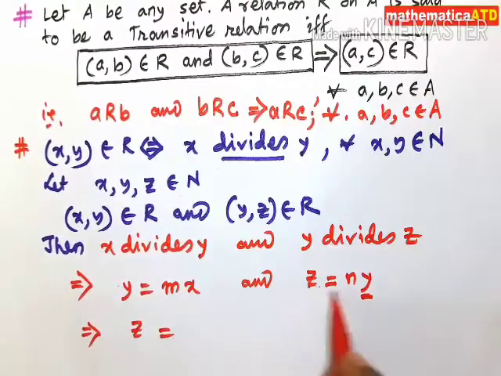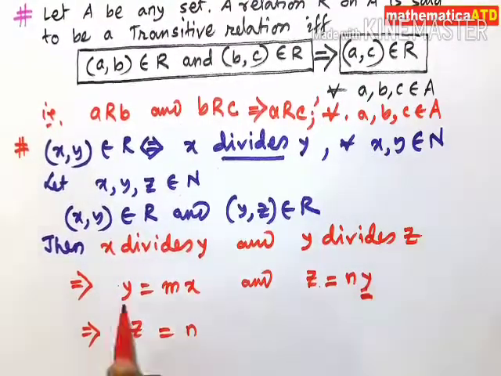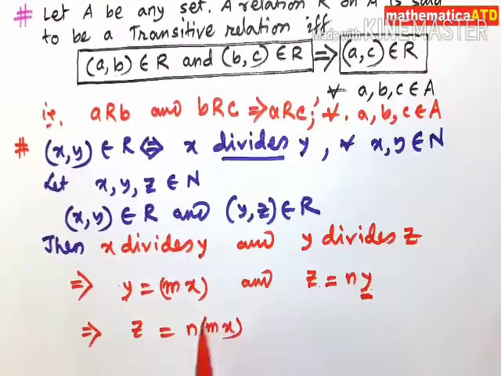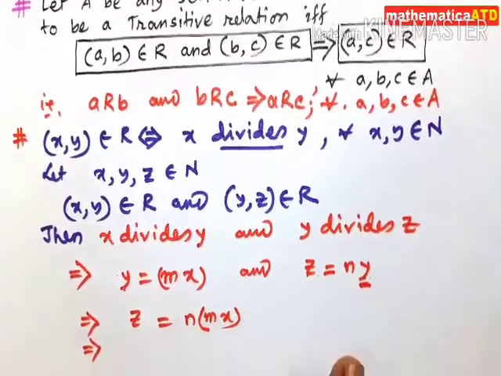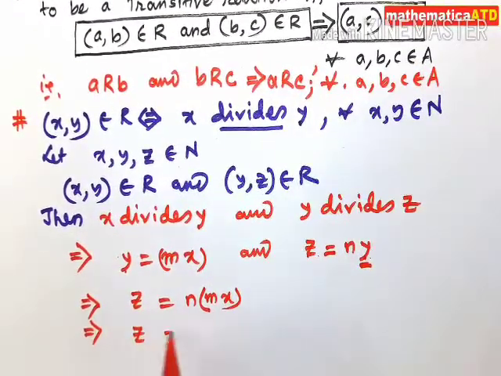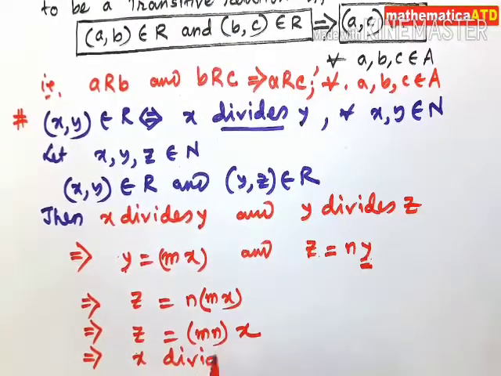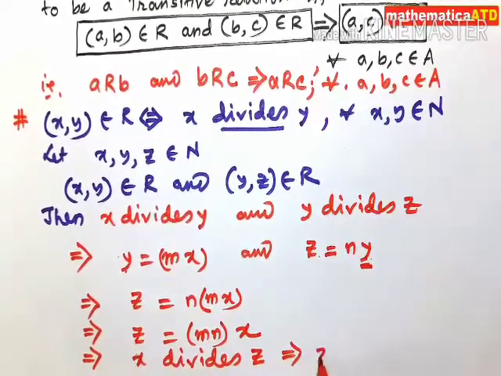In place of y we write mx, so z is equal to mn times x. It implies that x divides z. It implies that the ordered pair (x, z) belongs to R.